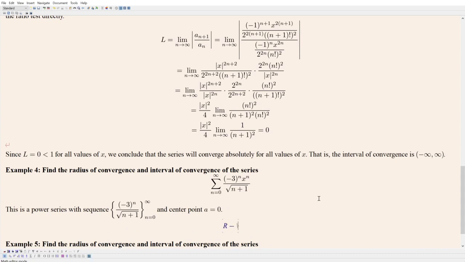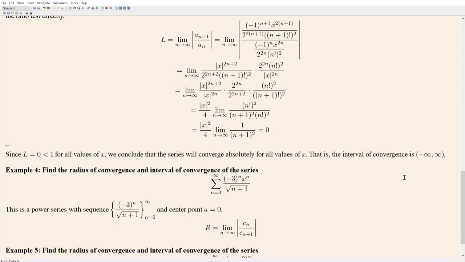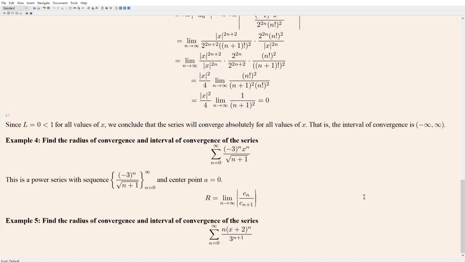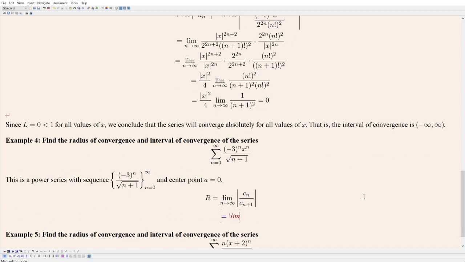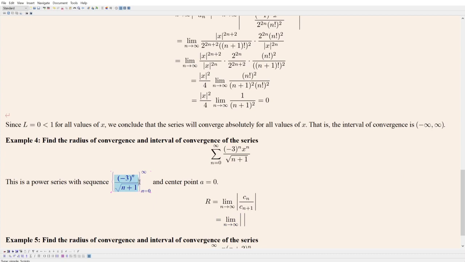Yeah, so let's just go ahead and compute the radius of convergence. So now, because we're computing the radius, that is the reciprocal of the limit in the ratio test. So the nth term of the sequence is going to be all this.